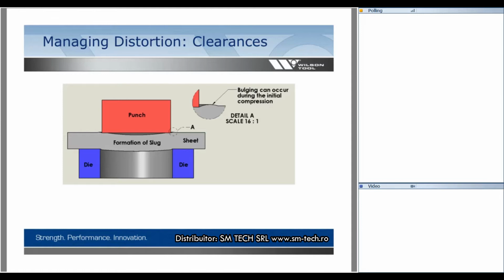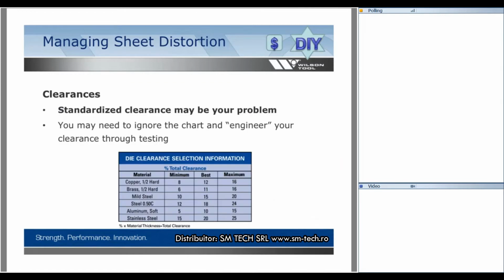We need to minimize that burr, so sometimes we're getting into a clearance range that's outside the norm, and unfortunately you can cause some sort of distortion that way. So with too small of a clearance, you're going to get that outward push, giving you that distortion.